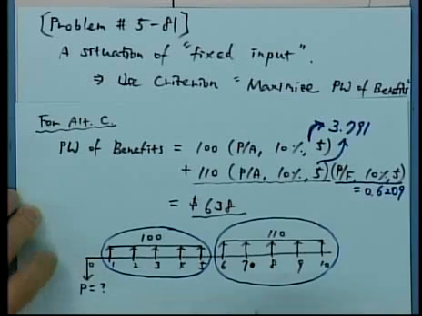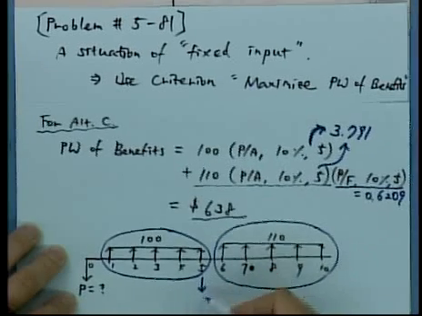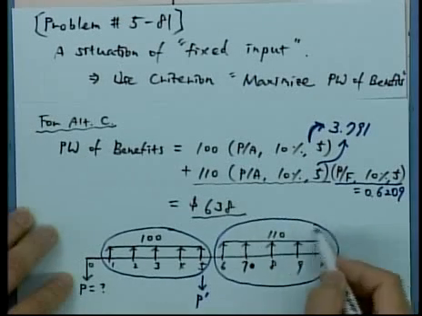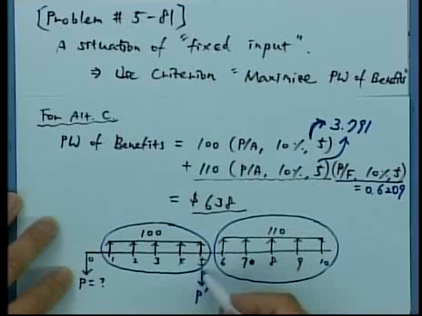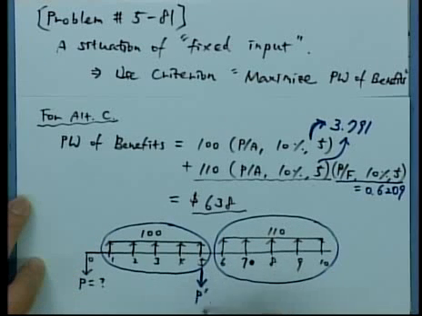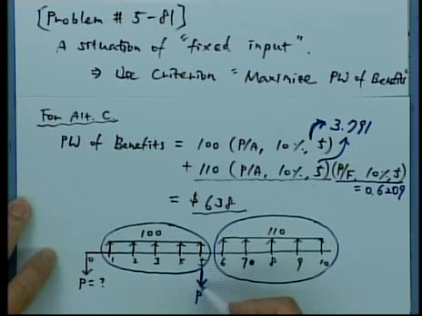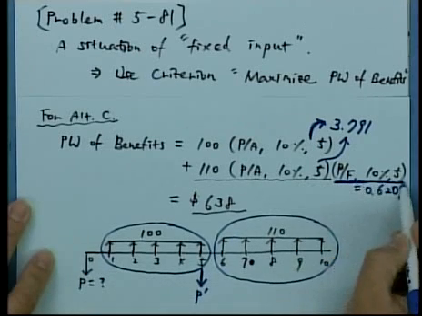First we convert this uniform series of $110 to P prime at the end of period 5, and then convert this to the equivalent present sum P by multiplying by this factor. Okay.